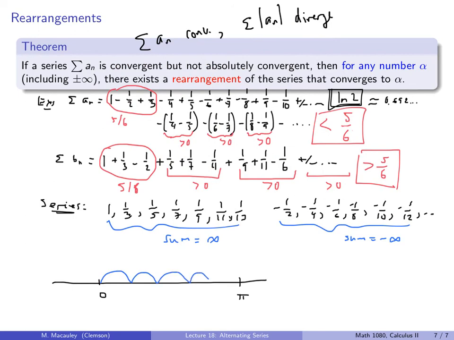I'm highly exaggerating; I'm going to need a lot more than just a couple terms to get all the way up to pi, but I'm going to keep adding these things together until I jump over pi. Now I'm going to go to my negative bucket, and I'm going to keep adding negative terms until I get back on the other side of pi.